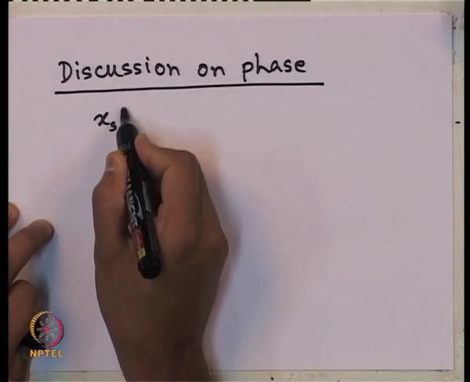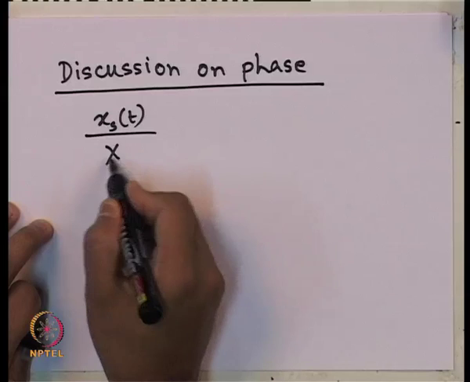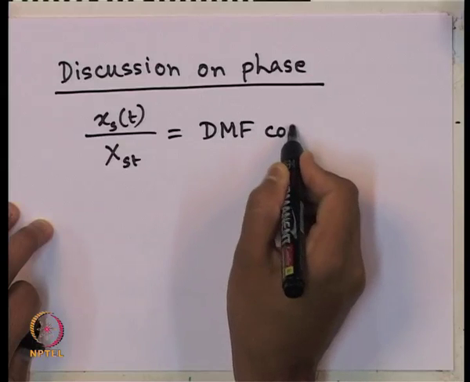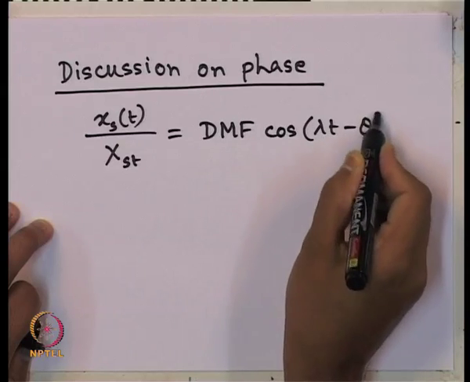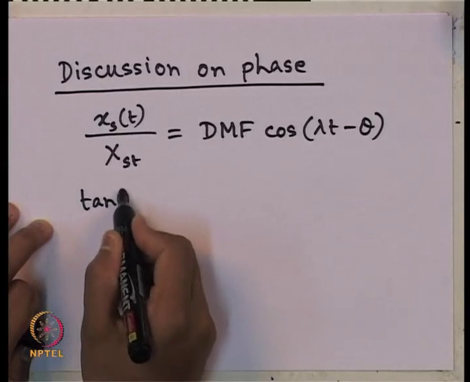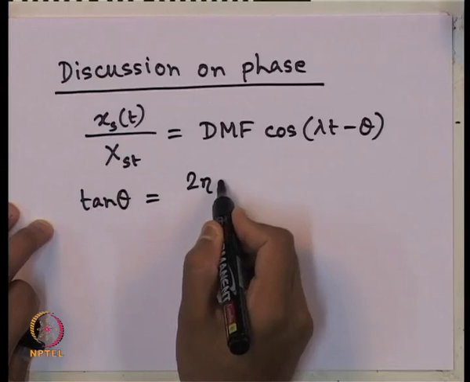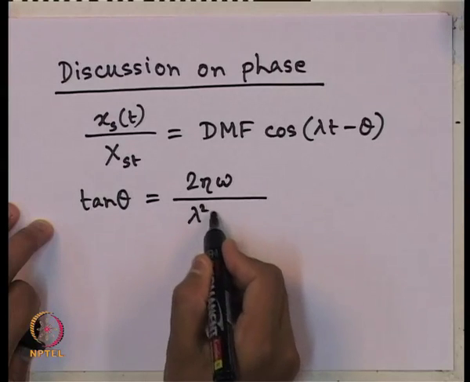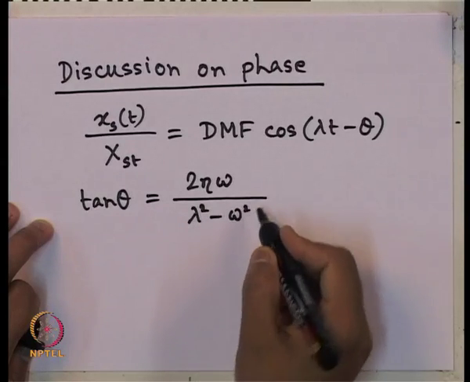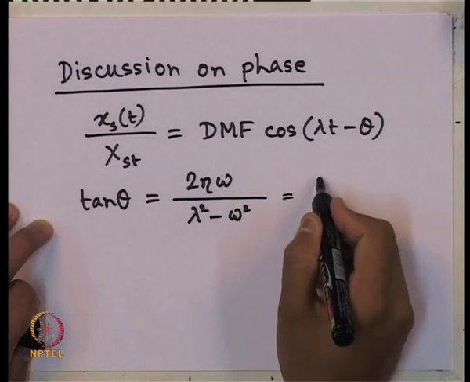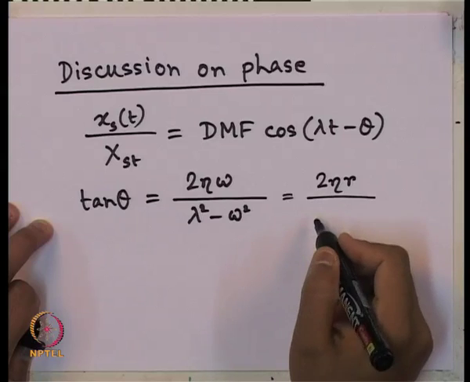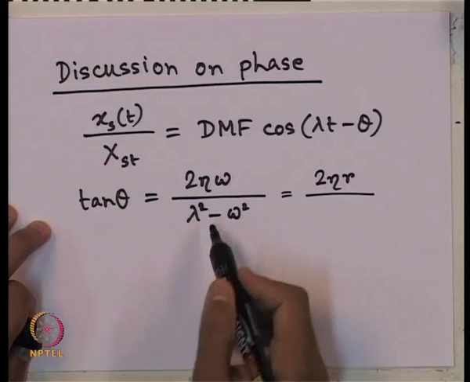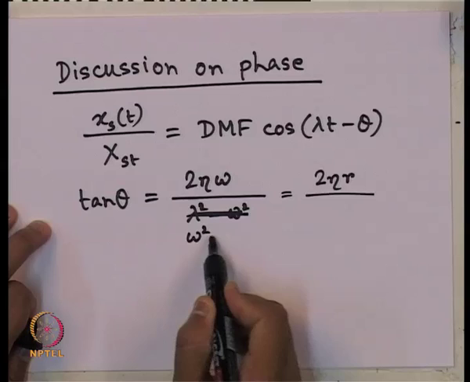What is the solution we got? The steady state response to the static response is given by DMF times cosine of lambda t minus theta, where we know tan theta we have defined as 2 eta omega by lambda square minus omega square, or 2 eta r by, I think it is the other way round, it was omega square minus lambda square.